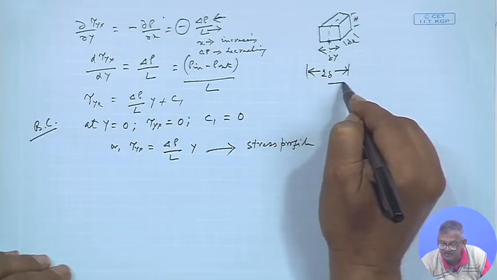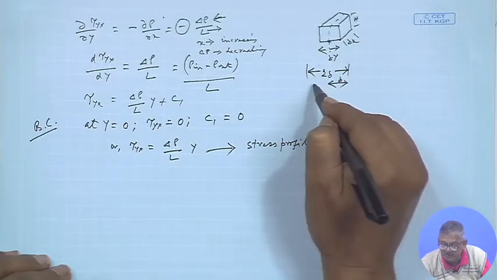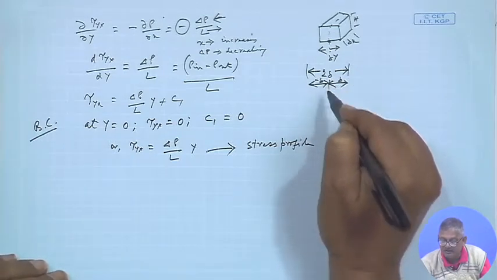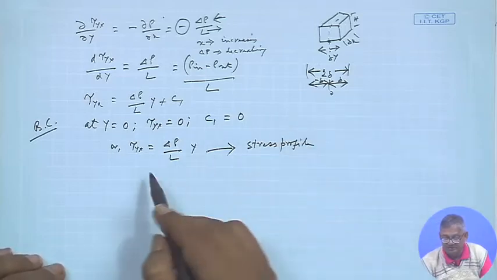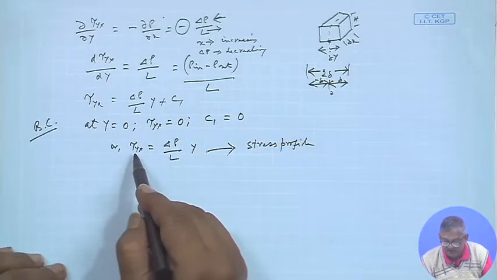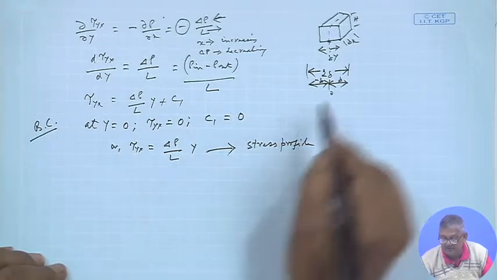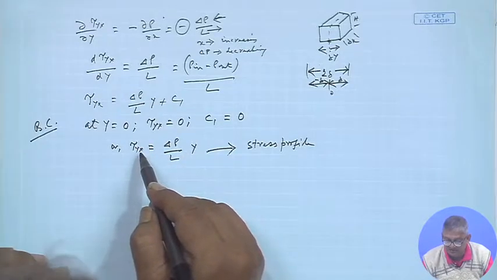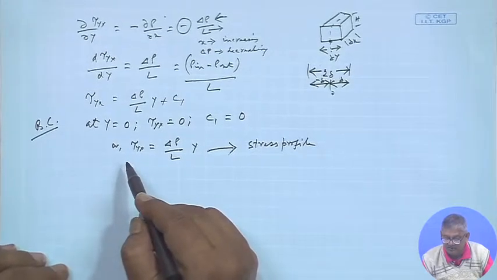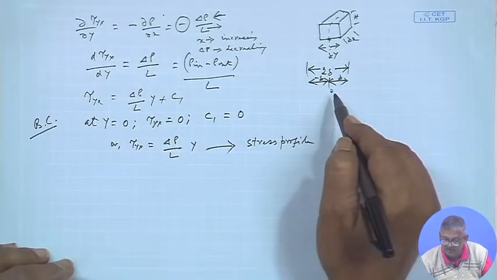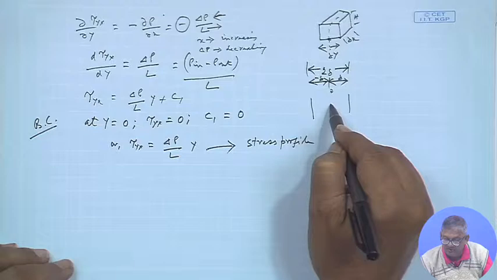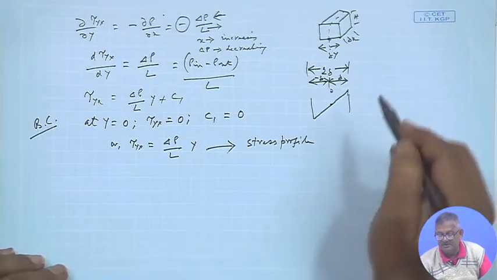So, it is minus del at this point and plus del at this point, and here it is 0. This is the stress profile.